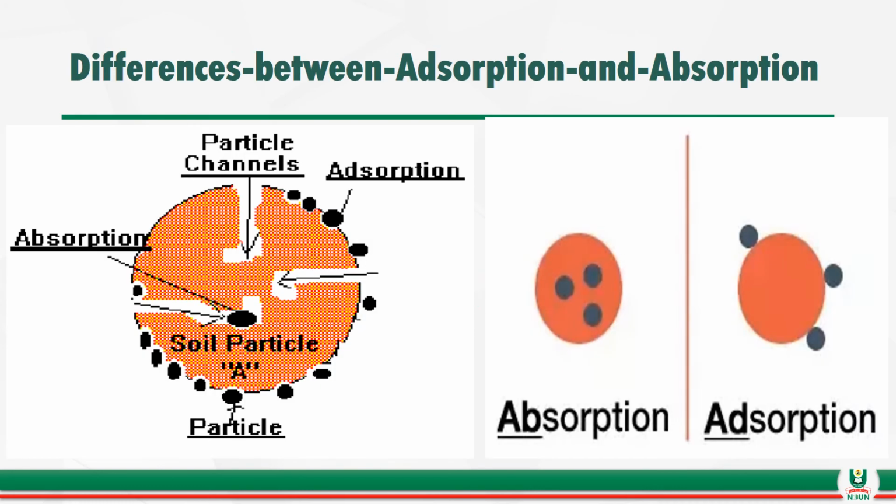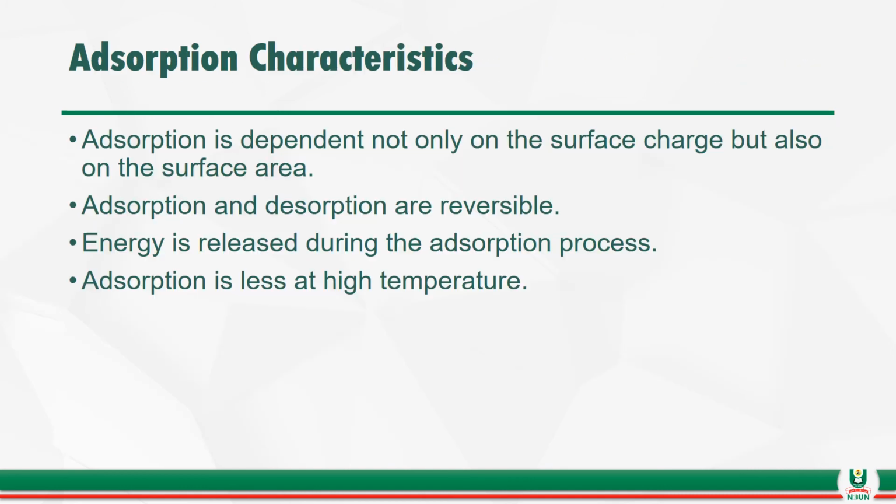This is the pictorial presentation. In adsorption, the ions are on the surface of the molecules, and in absorption, they are within, so there is a penetration. When we talk of absorption, it is located within, while adsorption is at the surface level.